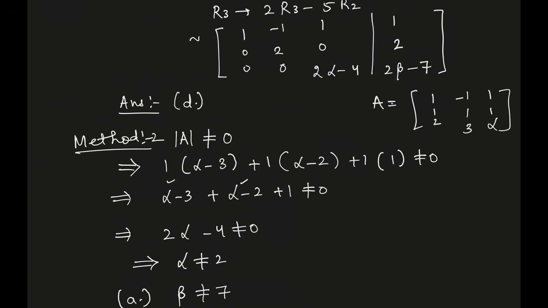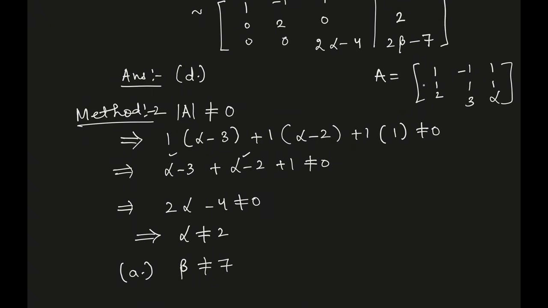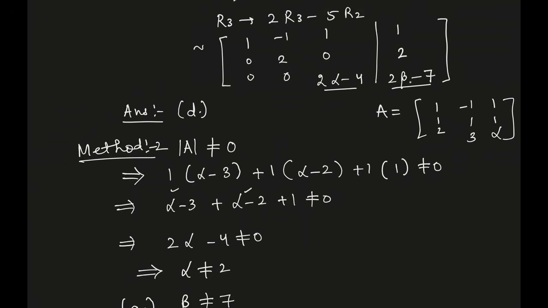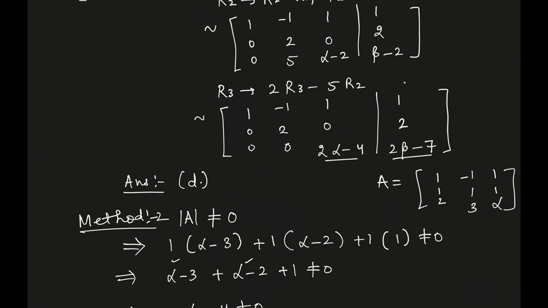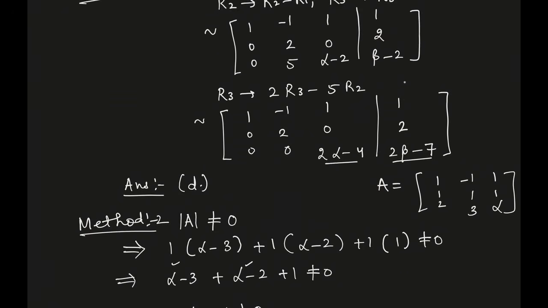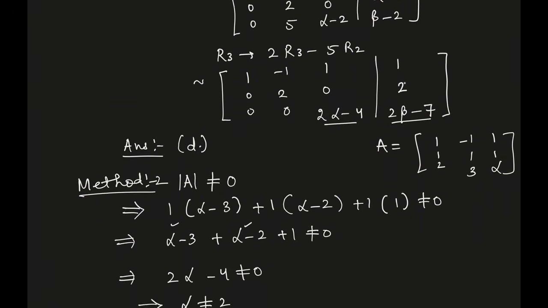So if beta is not equal to 7, are you getting same thing now? Calculation is correct now? No, I have not replaced 5. I'm getting [1 0 0; -1 2 5; 1 0 alpha minus 2 | 1 2 beta minus 2]. Okay, I have not replaced 5.